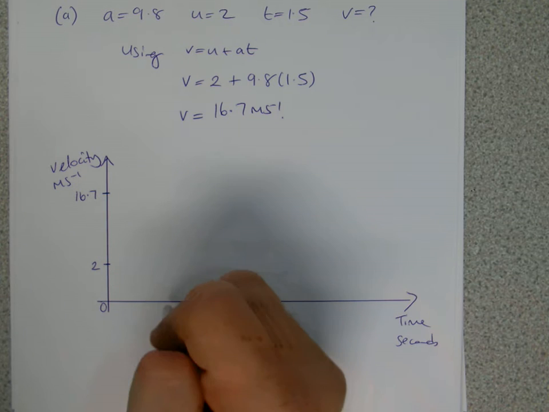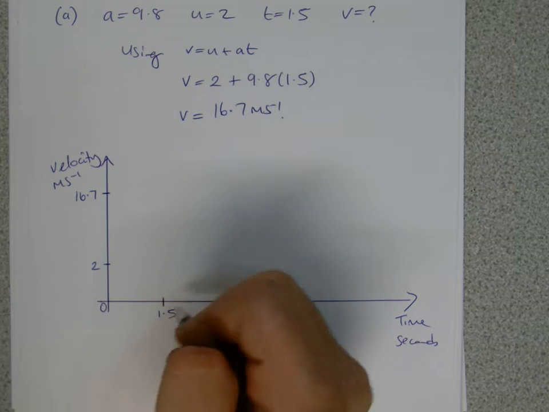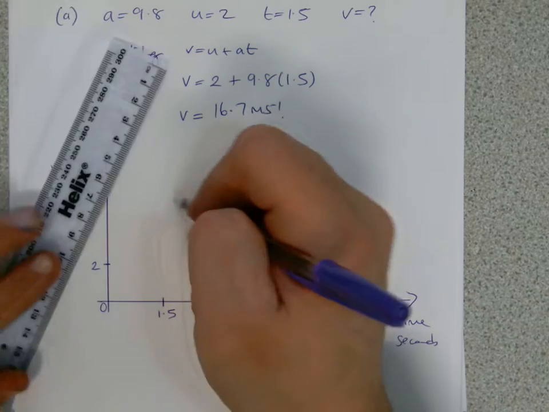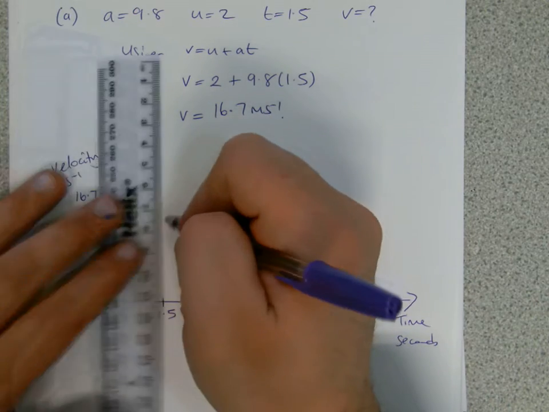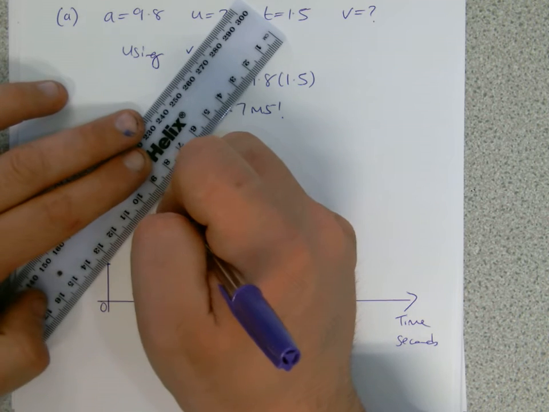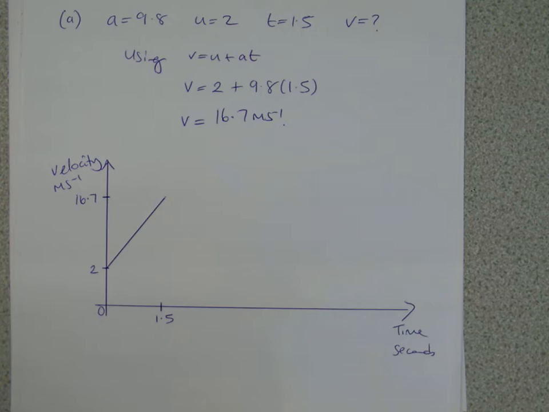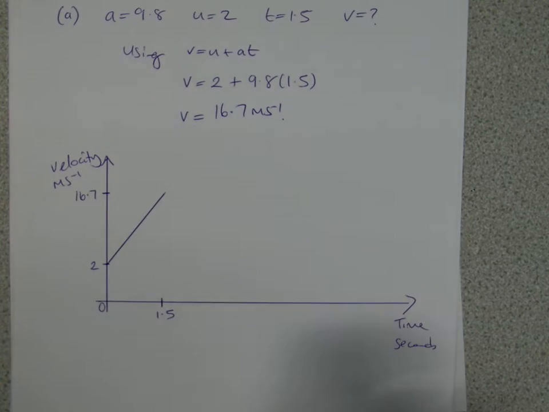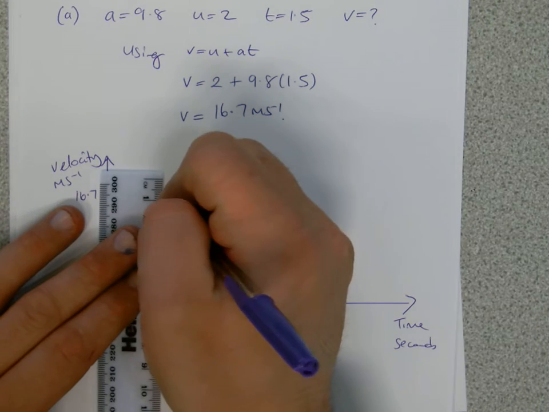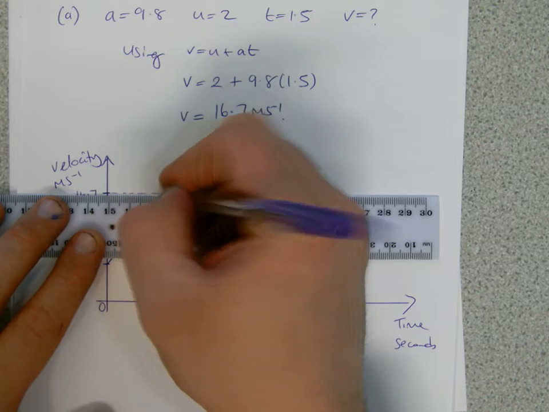Now, for 1.5 seconds, the parachutist increases his speed. So 1.5 is about there. So he increases his speed to 16.7 in 1.5 seconds. And then he opens his chute.